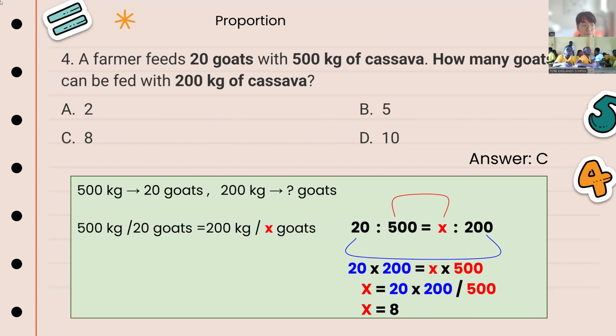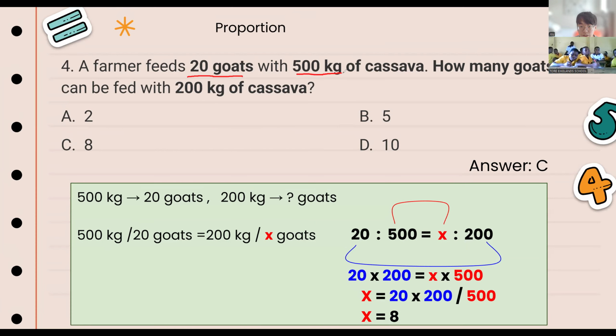Okay, let's look at this fourth question. A farm feeds 20 goats with 500 kilograms of cassava. How many goats can be fed with 200 kilograms of cassava?